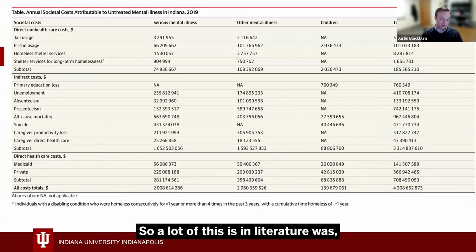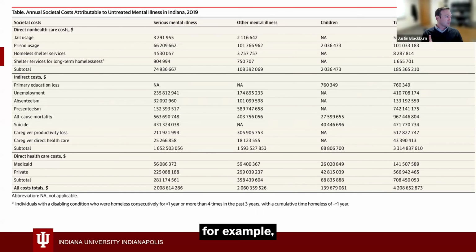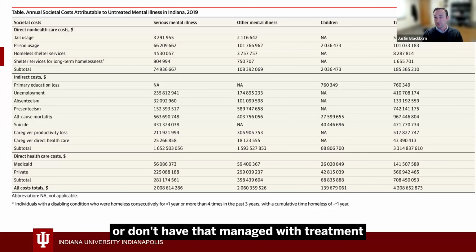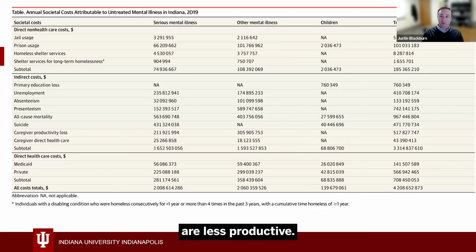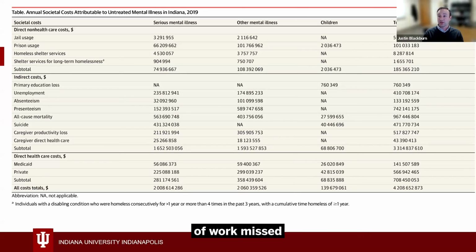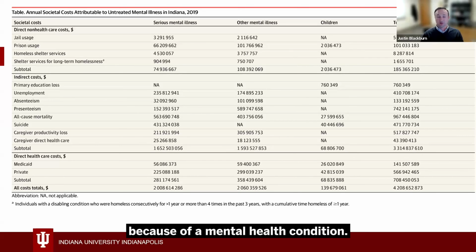So a lot of this in the literature was, for example, mood disorders and major depressive disorders. There's evidence to suggest those folks that don't have that managed with treatment are less productive. And that's different than absenteeism, which means these are the estimated days of work missed because of a mental health condition.